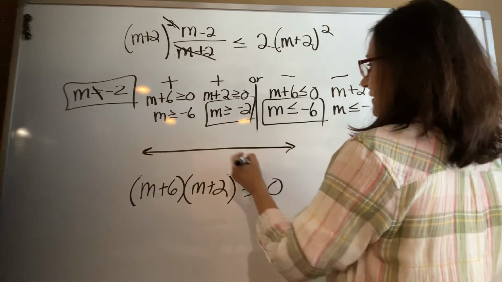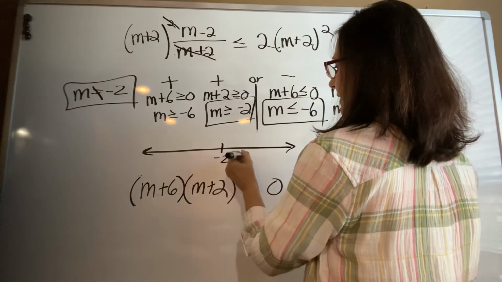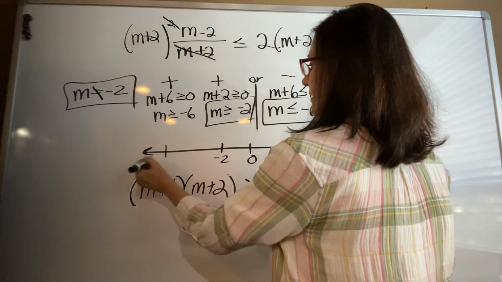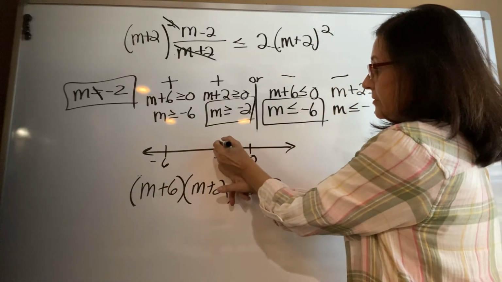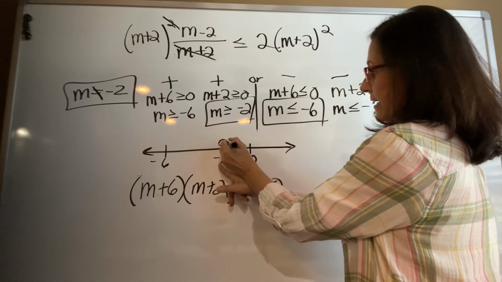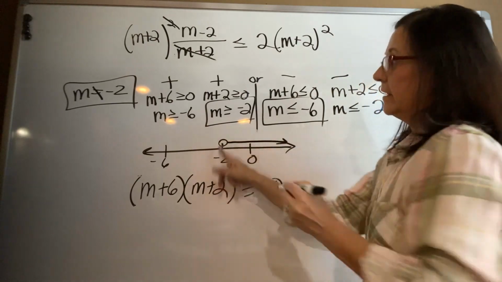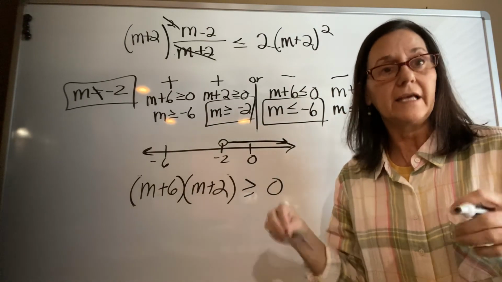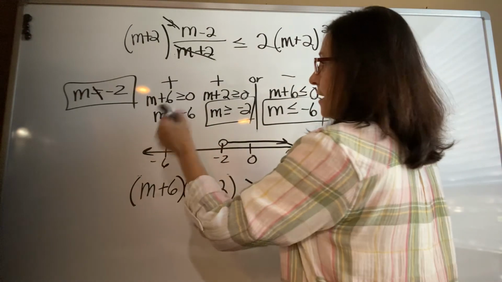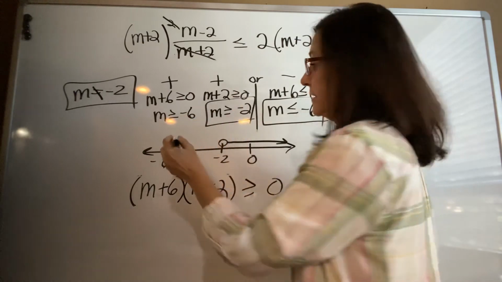When I graph this, there's 0, negative 2, and here's negative 6. So greater than or equal to negative 2, it can't equal it, right? You've got to remember that because when you graph it, it doesn't equal it. That denominator makes it undefined.